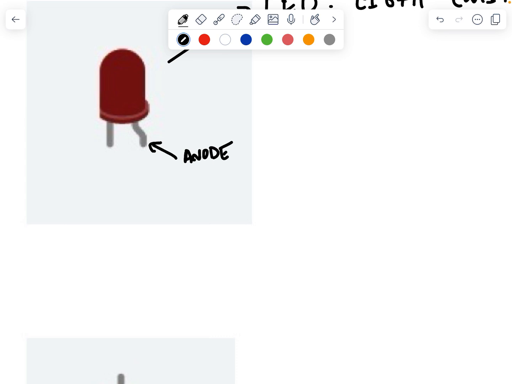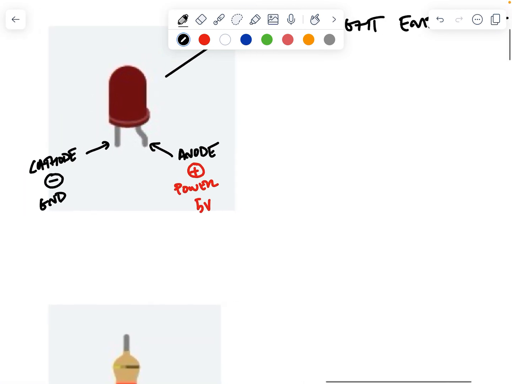And the anode, we always plug in to the positive side, or power, or 5 volts. And the short leg is called the cathode. And the cathode always plugs into the ground side, the negative side, or the 0 volt side of the system.